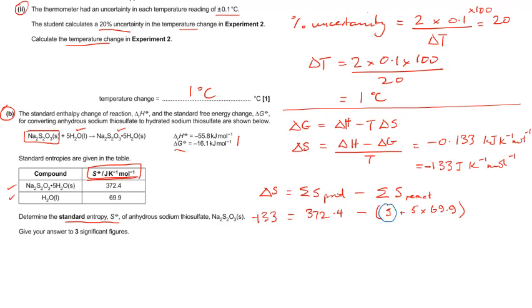If we rearrange for S and solve, then we get a value of S that comes out at 156. All entropies have to be positive, of course, so if you get a negative number, something's gone wrong. Check your answer. Let's put our units in there, joules per Kelvin per mole. So there you have those marks.